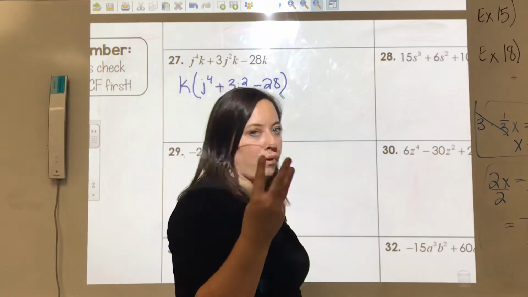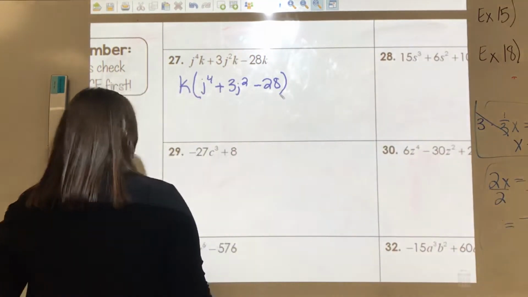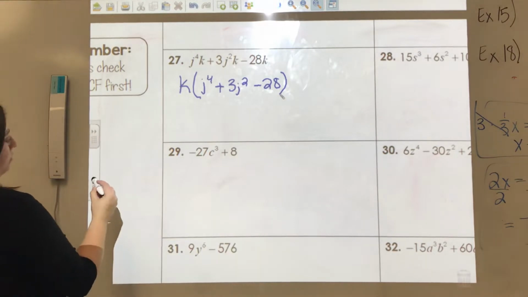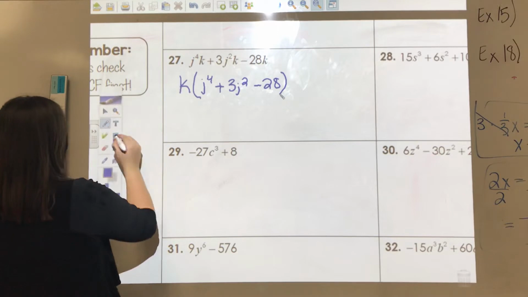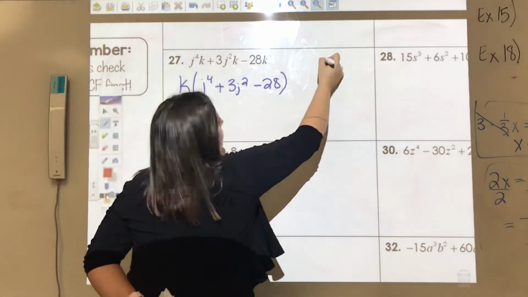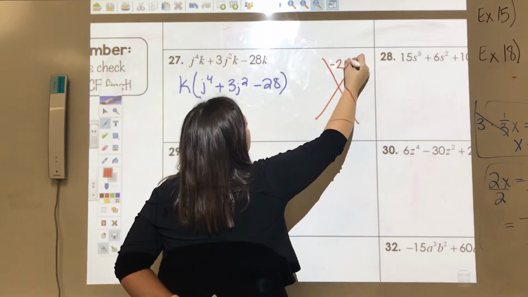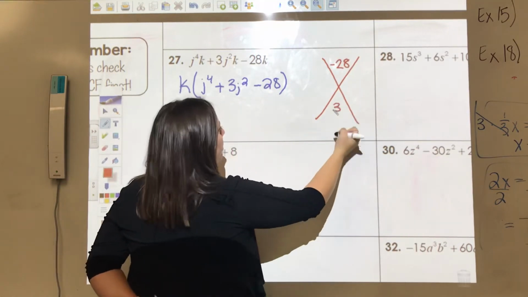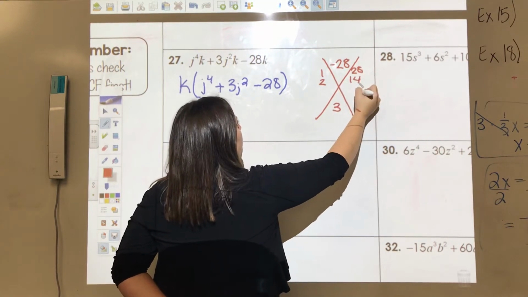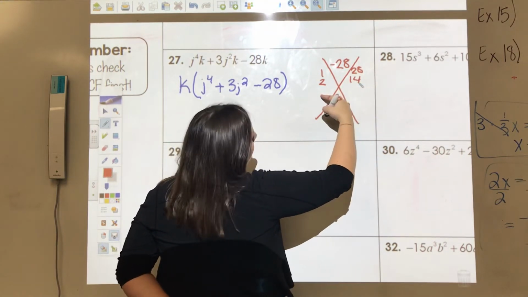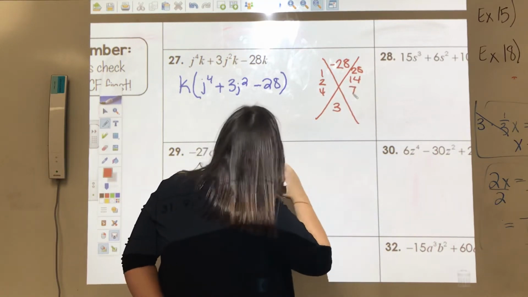All right, so we've got 3 terms. That's a trinomial. Let's see if we can factor this using the method with the x. We got 1 times negative 28 is negative 28. Middle number goes here. 1 times 28, 2 times 14, 4 times 7, and that's the last one.